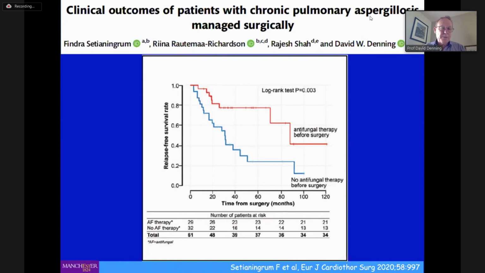So we would prepare a patient for a surgical resection with antifungal therapy for 3-4 months before surgery, and give them perioperative treatment. It may not be necessary if they then have a clean resection to give them any therapy after surgery. But if there's any concern about spillage into the pleural cavity, then that would be appropriate.